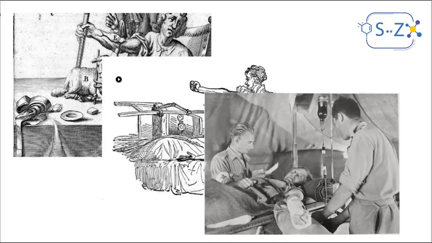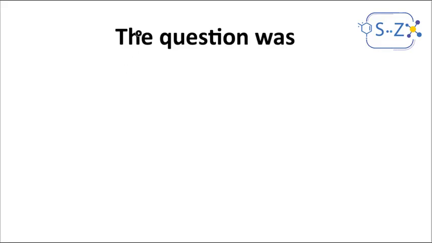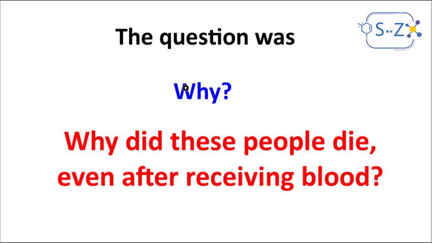And although people thought that this procedure would save the lives of these people and help them compensate the lost blood, most of these patients or wounded started dying. The question was, why? Why did these people die even though they received the lost blood?